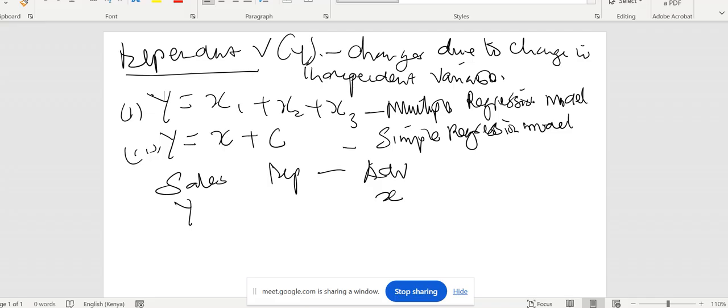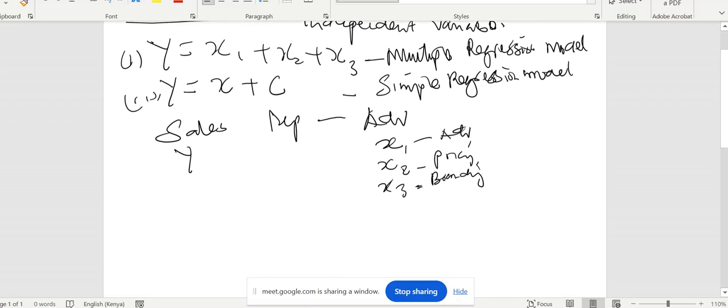Is there any other factor apart from advertising? Yes, like pricing, and X3 can be branding or reputation, all those. So we are saying the contribution to sales is from X1, X2, X3.